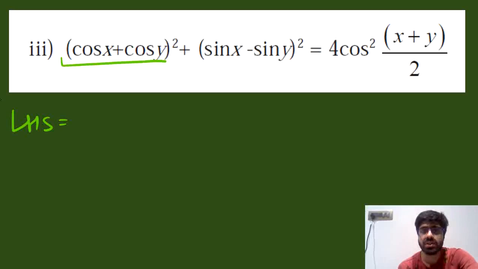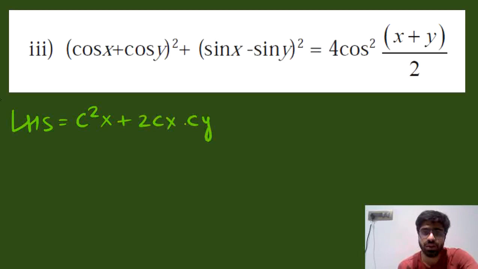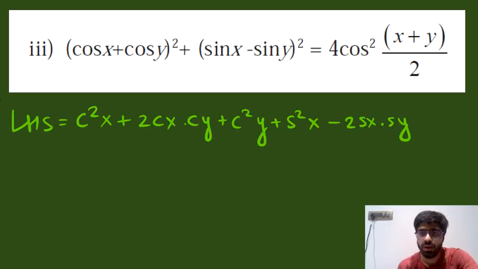All you need to do is expand a plus b the whole square and a minus b the whole square by the general formula. So the first term would be cos square x plus 2 cos x into cos y plus cos square y, plus sin square x. This is the expansion of the second bracket now. Sin square x minus 2 sin x into sin y plus sin square y. Check carefully how we are clubbing the terms.